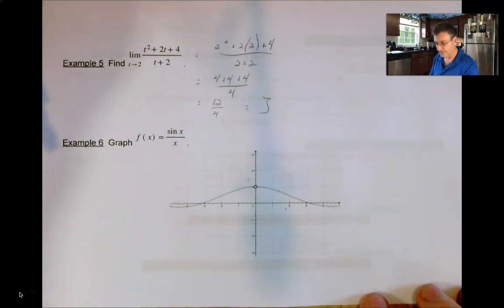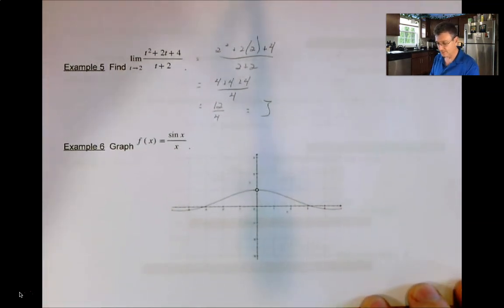So example 5's answer is 3. The limit of that function is 3.